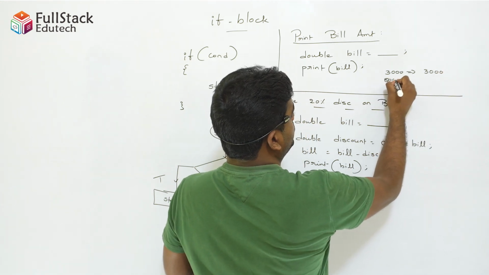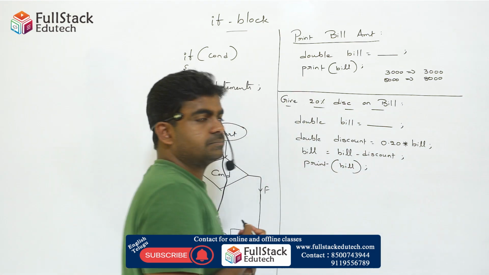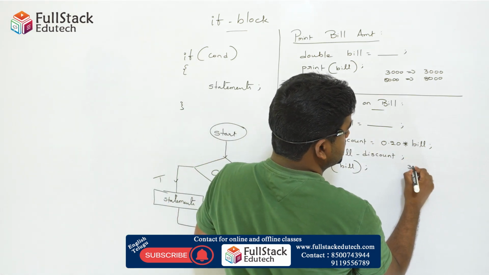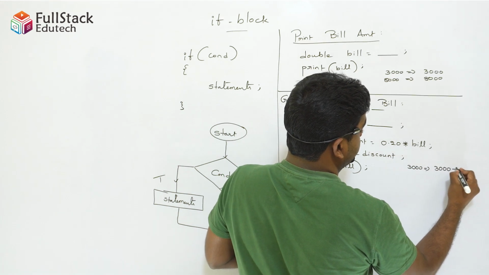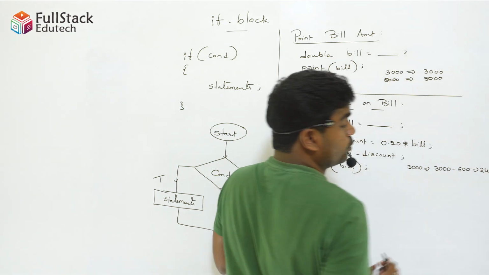Second customer bill amount is 8,000 rupees, you have to pay 8,000 rupees. But in this case, if the customer bill amount is 3,000 rupees, then 3,000 minus 20% means 600. You have to pay 2,400 only.